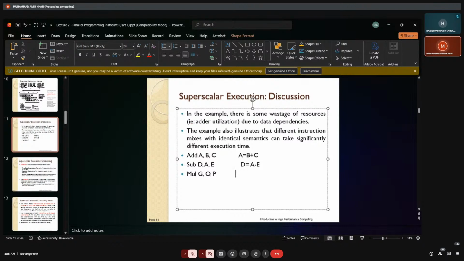We can say here G is equal to O times P. There is no dependency, so we can issue this third one, and we have to wait for the second one. Then we issue this instruction next after this. If we give it time, the answer of this will be in the memory, so we can take it from the memory.